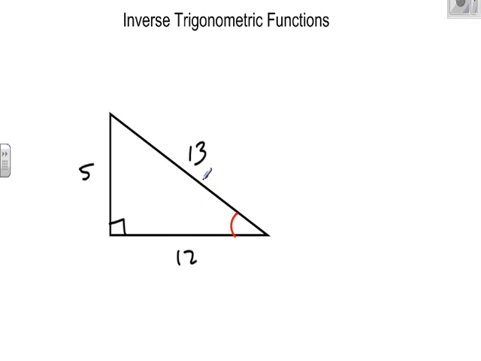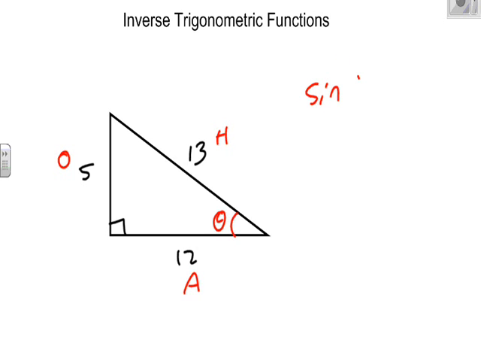So if we wanted to find this angle, theta, we can use the 5 as our opposite side, or the 12 as adjacent, and the 13 as our hypotenuse, because that's where they are relative to the angle we're trying to find.